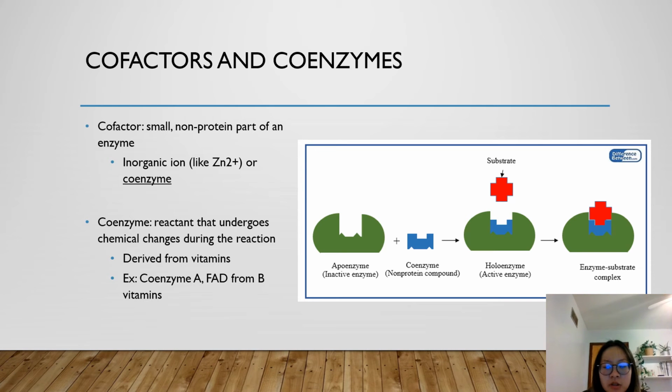And some examples are like coenzyme A, which is derived from vitamin B3, and FAD, which is derived from B2. And this figure on the right just shows the role that coenzymes play in formation of the enzyme substrate complex.